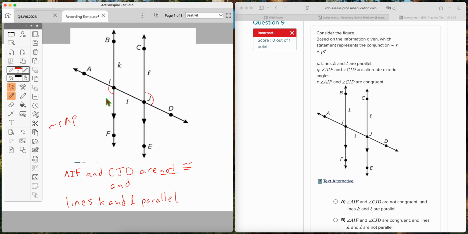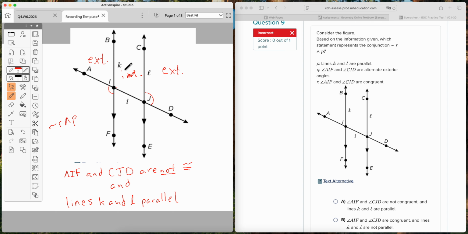The relationship, the name for this: these are alternate exterior angles. Because remember, this is interior, that's an N, interior. Then these are exterior, outside. And then they're on two different sides, so they're alternating.